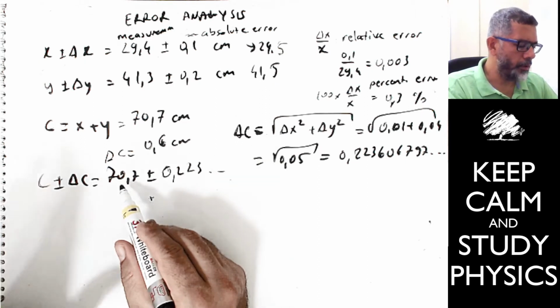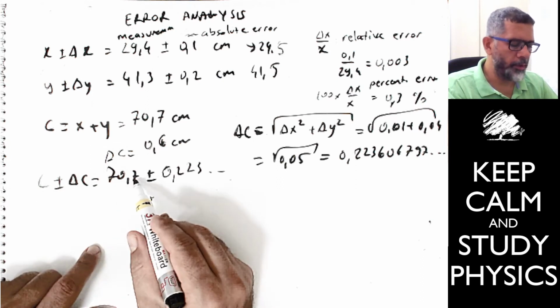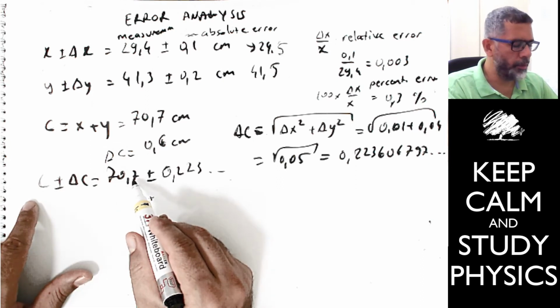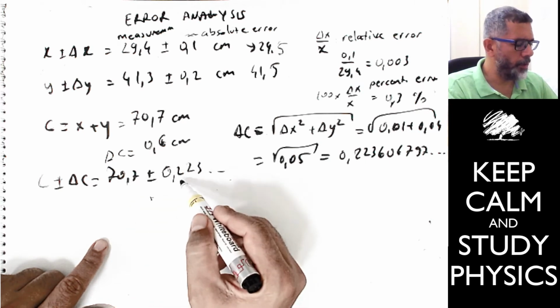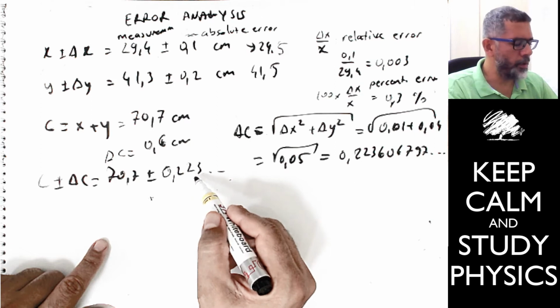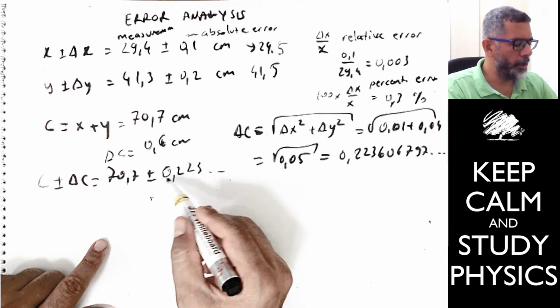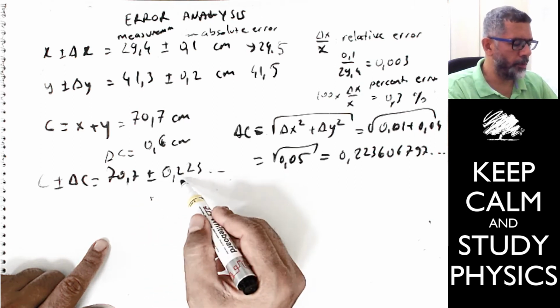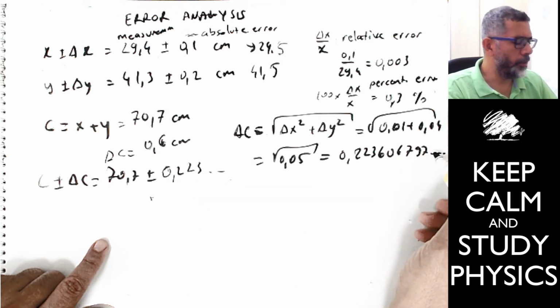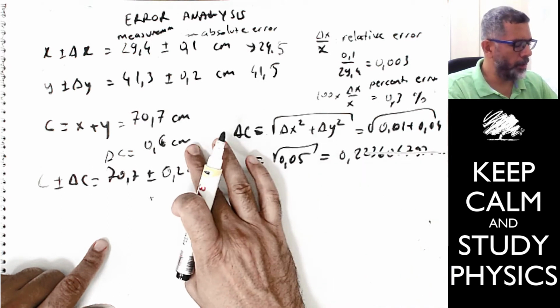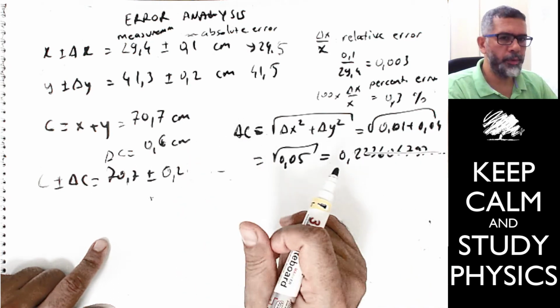If you look at the calculated measurement value and the number of digits after the decimal point, the error part must have the same number of digits, which is going to be 1. So you must truncate all of these figures, throw them away, and put this as 0.2.